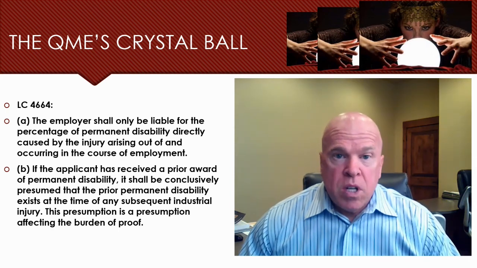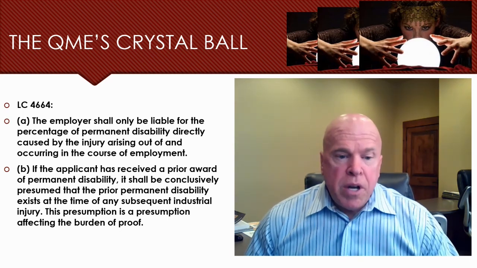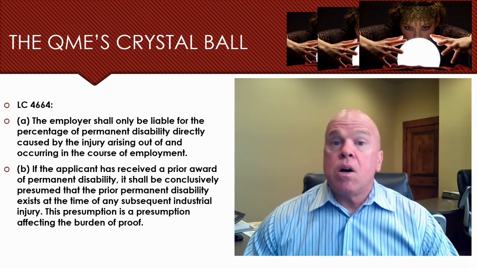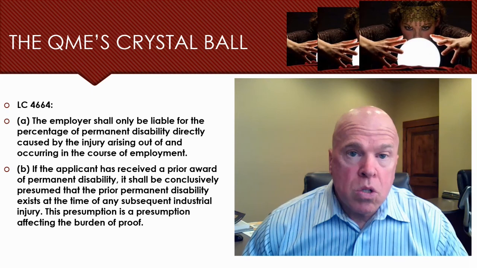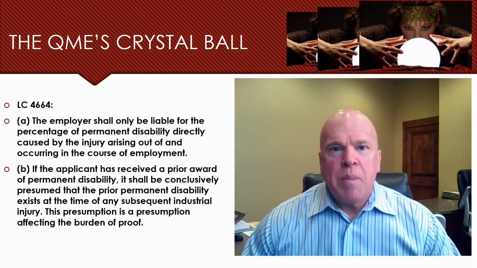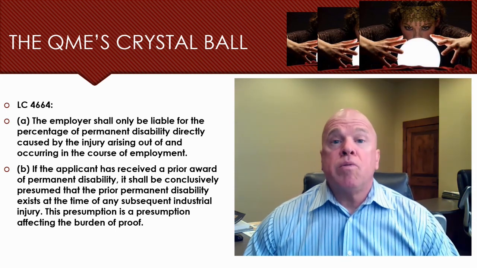Labor Code 4664 reiterates under Section A that the employer shall only be liable for the percentage of permanent disability directly caused by the injury that arose out of and occurred in the course of the employment. And doesn't that make sense? Doesn't that make sense that the employer should only be responsible for what they're responsible for?